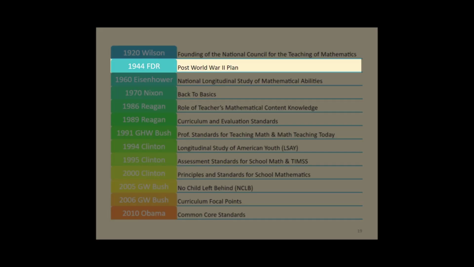About 20 years after the establishment of the NCTM, the United States found itself in World War II, which lasted from 1939 to 1945. Throughout the war, the United States had found that they had very few soldiers that were able to do the simple mathematics necessary in order to lead effectively.